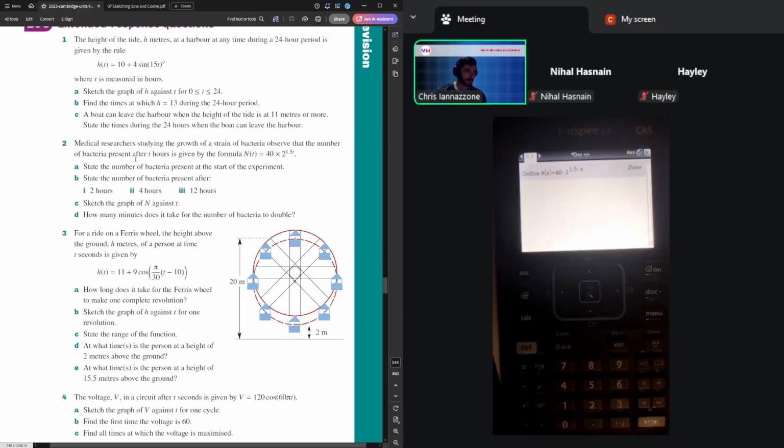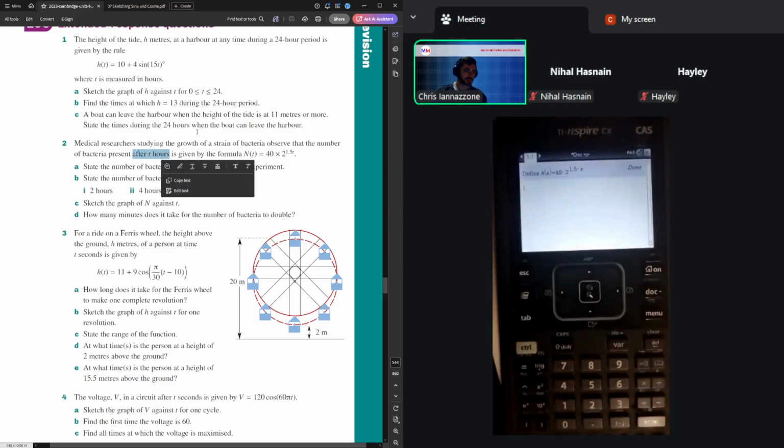And it's not really properly defined here. Just after t hours.